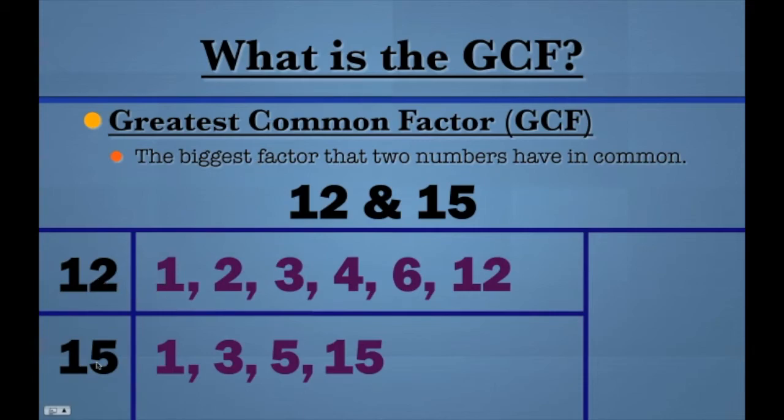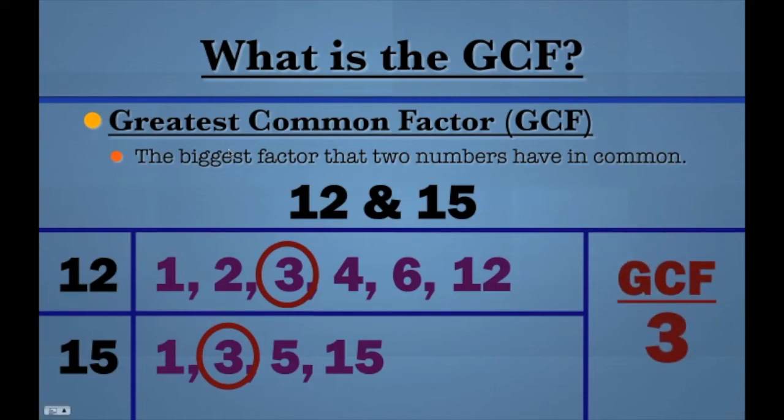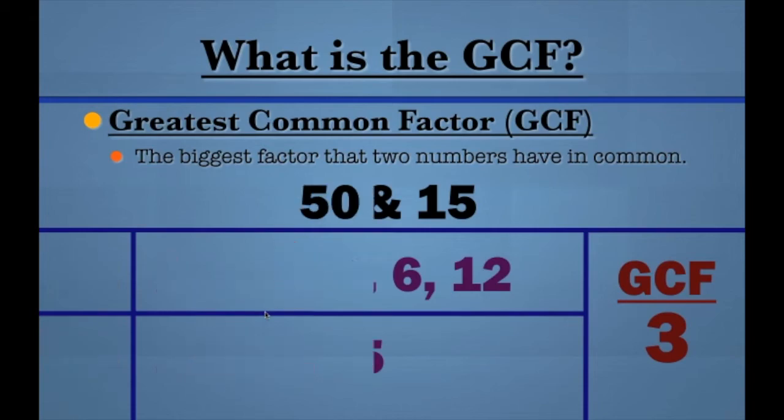Well, 12 and 15 can both be divided by 1 evenly, and they can also be divided by 3 evenly. Which of these factors is the greatest common factor? Well, that's just 3. So the GCF is 3. Because even though they had 1 and 3 in common, 3 is the largest one. So that's the greatest common factor.